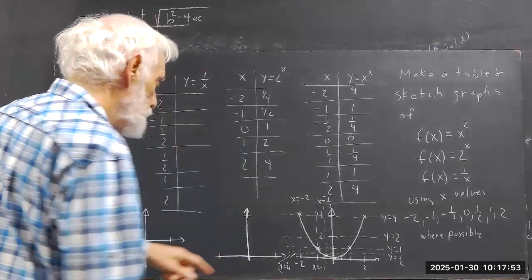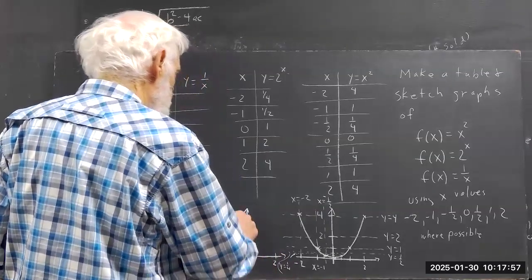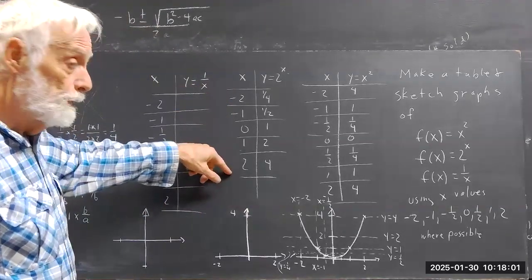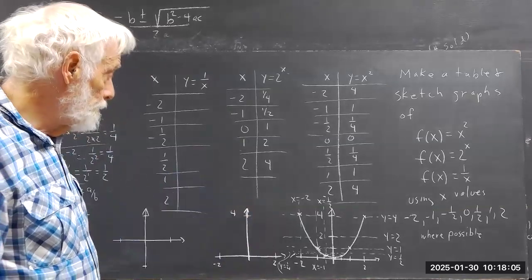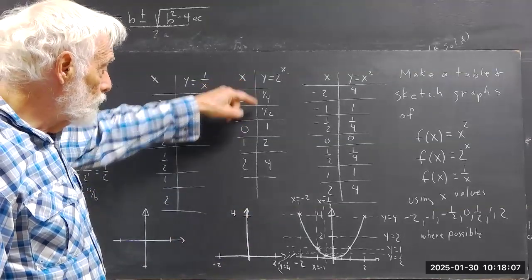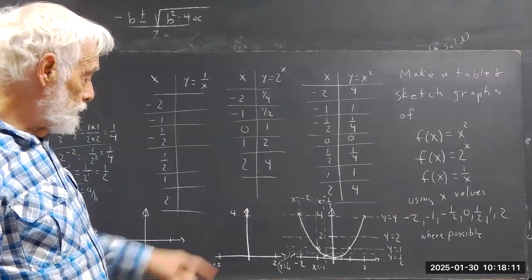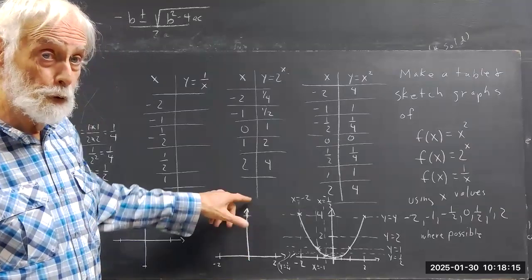Okay, so we go ahead and put -2 here, 2 here, 4 here. Our domain goes from -2 to 2. Our range goes from 1/4 to 4. Well, of course, we've got the x-axis there, so we're going to have to go down to the x-axis, but we'll go up to 4.